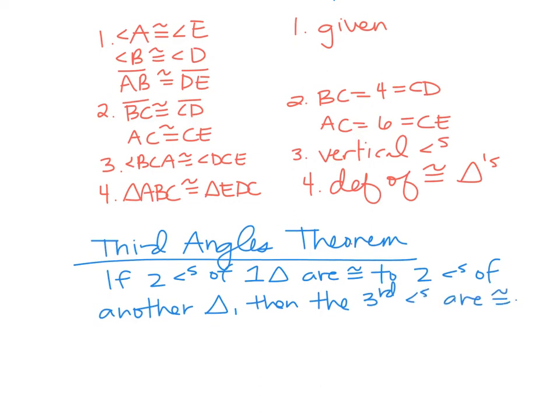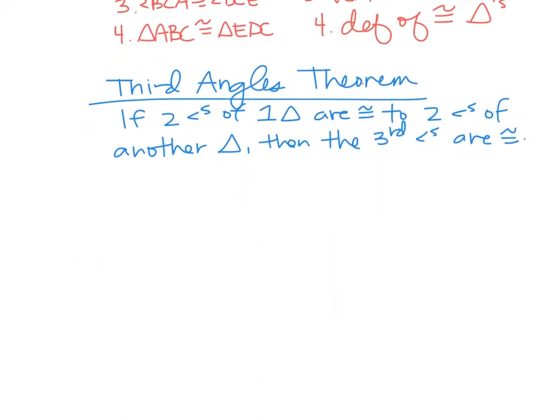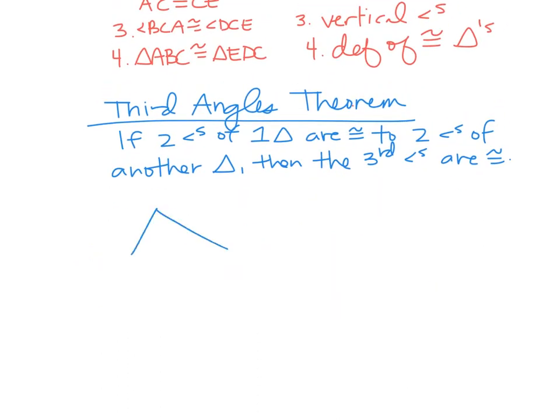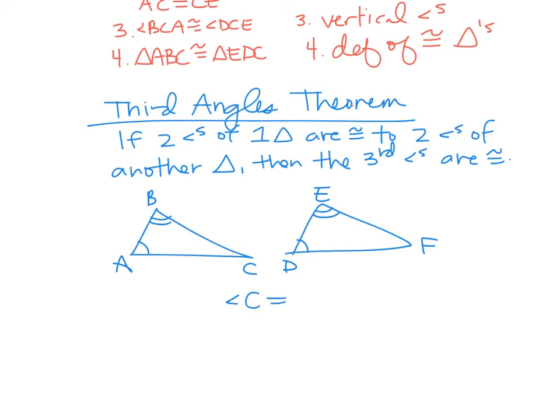Okay, if 2 angles of one triangle are congruent to 2 angles on another triangle, their third ones would have to be congruent also. Why? If I gave you this triangle here and this triangle here, and this was A, B, C, and D, E, F, and I told you A was congruent to D and B was congruent to E, the third angles theorem says then angle C has to be congruent to angle F.